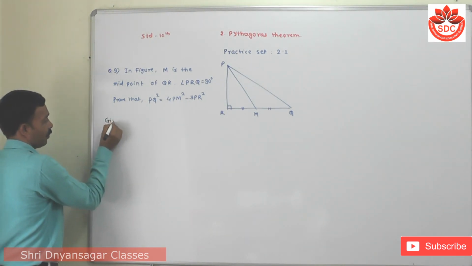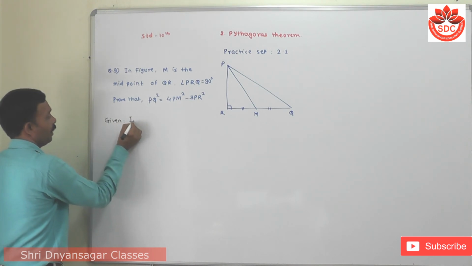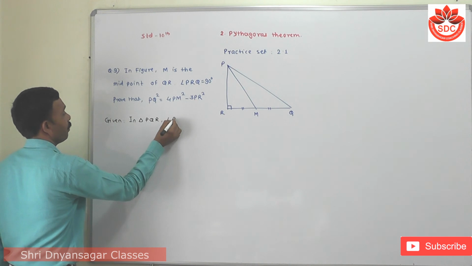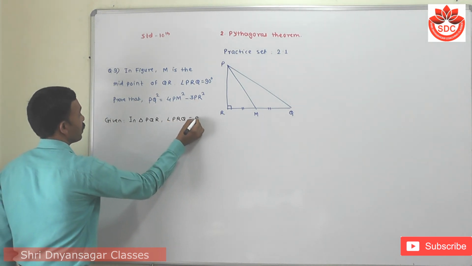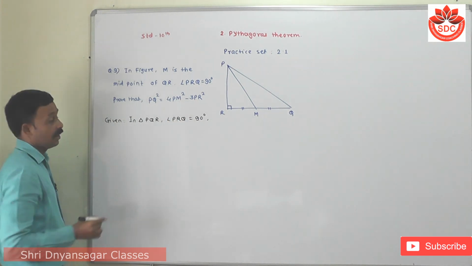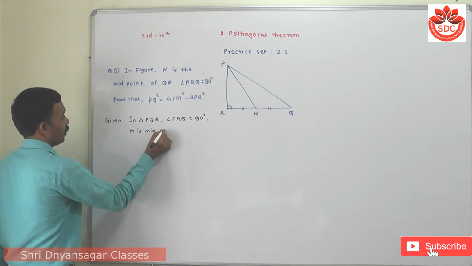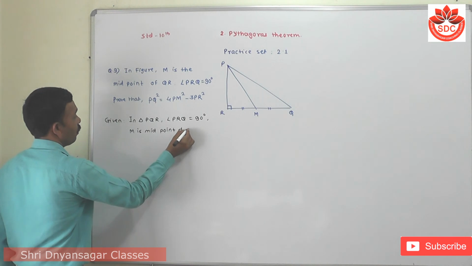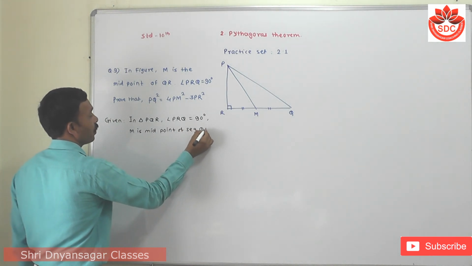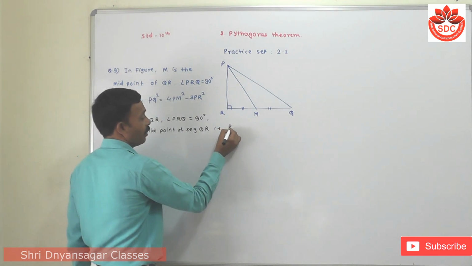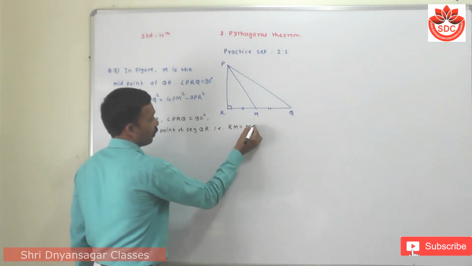In the given triangle PQR, angle PRQ is equal to 90 degrees. M is the midpoint of segment QR. That is, if this is the midpoint, it means RM is equal to MQ.